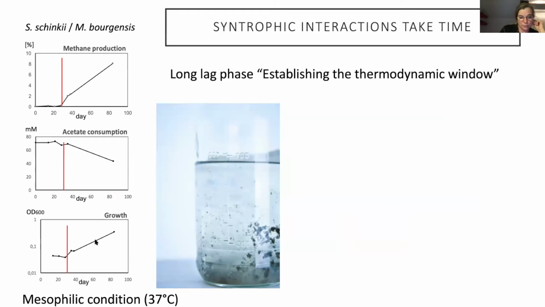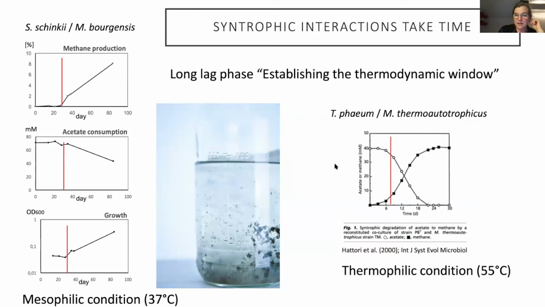And then the growth proceeds, but they never reach a very high level as they have little energy to grow from. At the same time they start to grow, you see that the acetate goes down and the methane starts to be produced. And this lag phase you have here in the beginning, I want to call establishing the thermodynamic window.